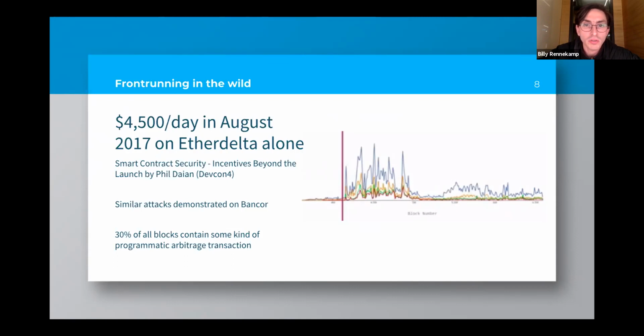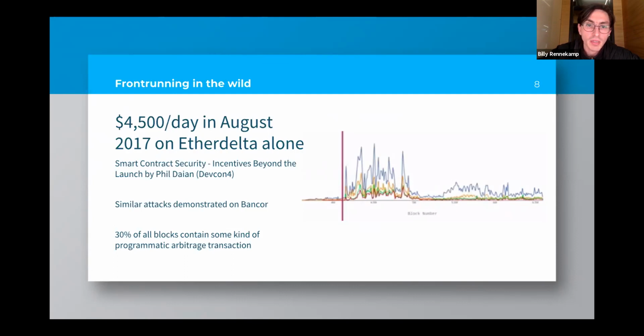So you can imagine all the developments that have taken place since August 2017 with on-chain exchanges, and the scale that's increased. This diagram on the right shows, with the vertical line, when they first published the findings of the ability to front run and the techniques for doing so.